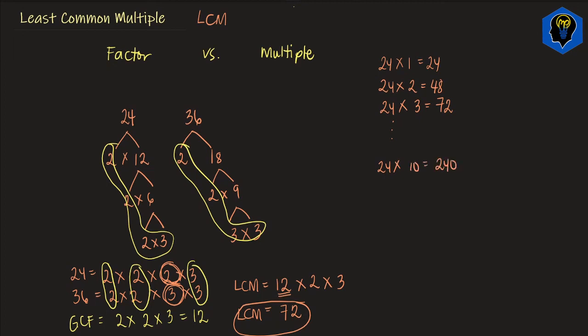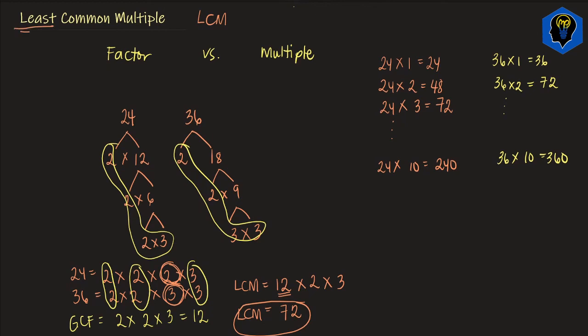Now, let us look at the multiples naman of 36. 36 times 1 is 36. 36 times 2 is 72. And then so on and so forth. 36 times 10 is 360. Now, kaya siya tinawag na least common multiple. Actually, nandun na din yung meaning niya eh.